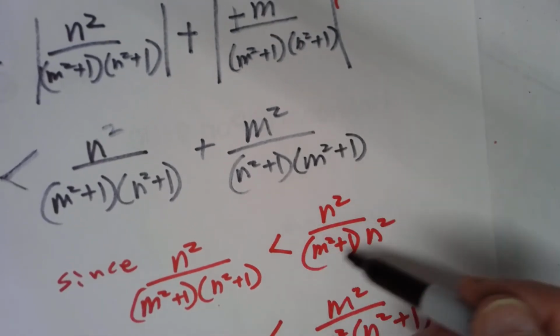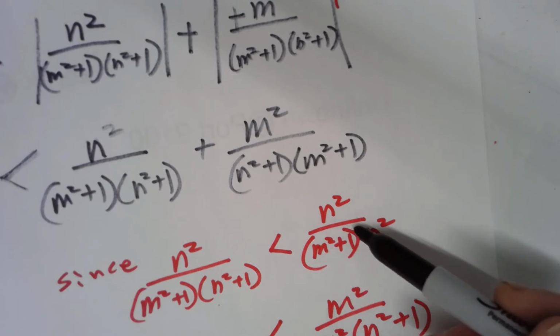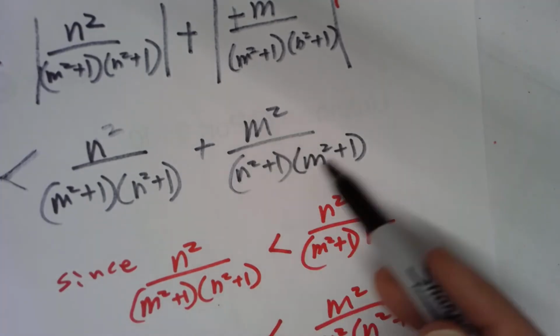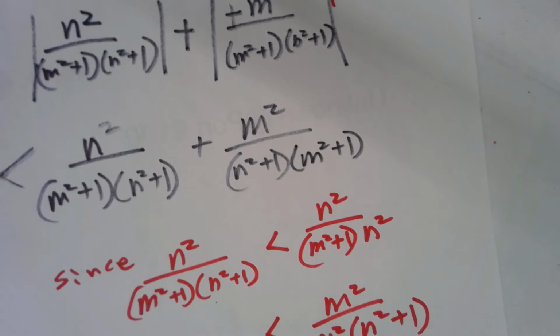Okay, so this expression is smaller than this, and this expression is going to be smaller than m squared over m squared plus 1 plus m squared over m squared times n squared plus 1.